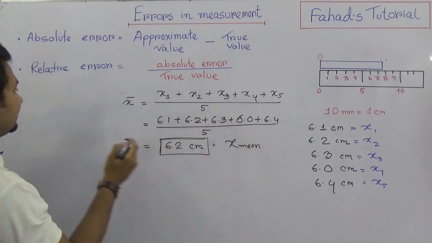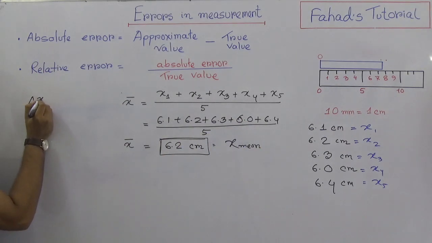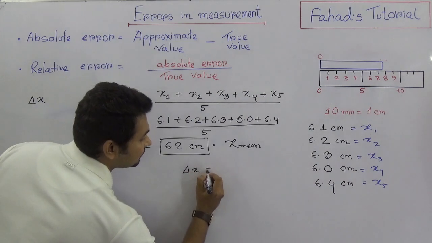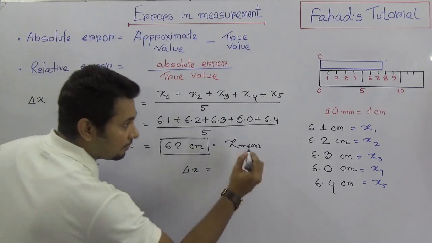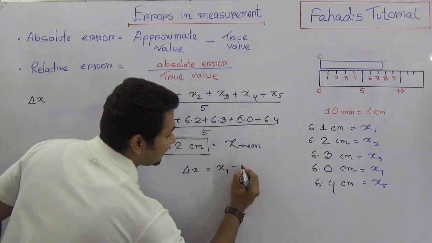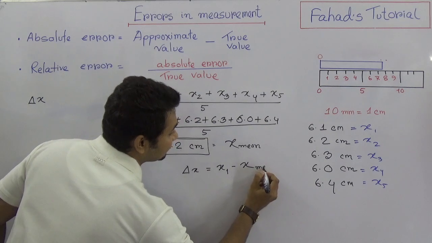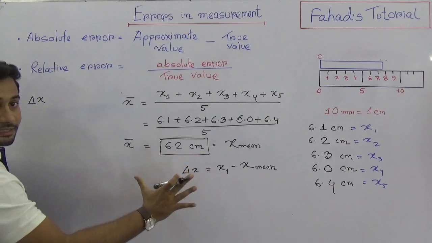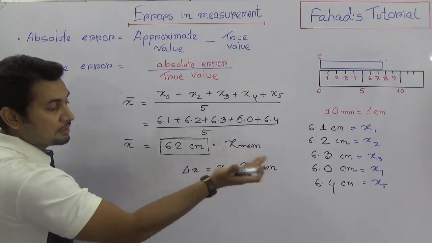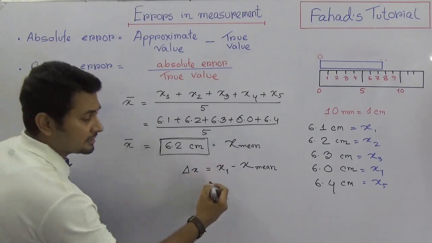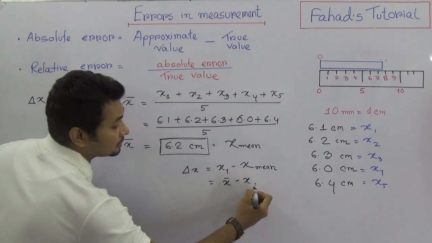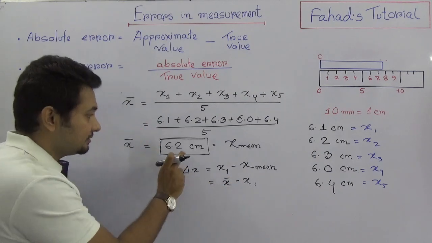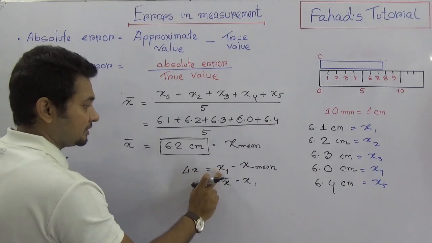To find the errors, we need to find del x, that is the difference of the value and the mean. Whether you say x mean minus x1 or x1 minus x mean, we just want to see the magnitude of the difference.